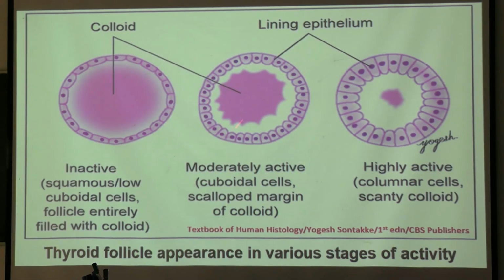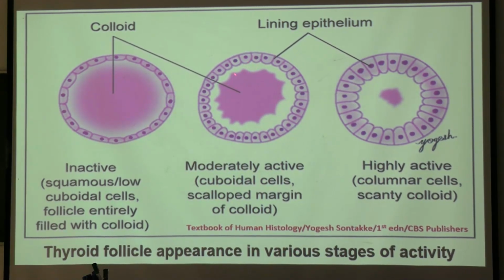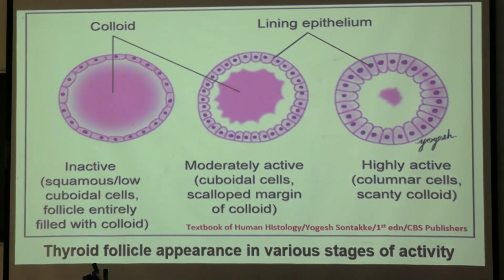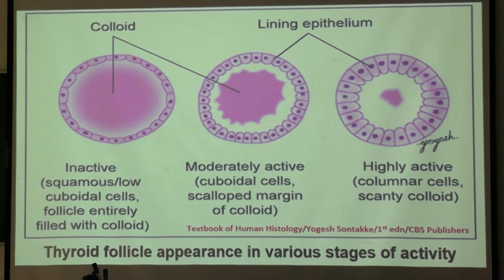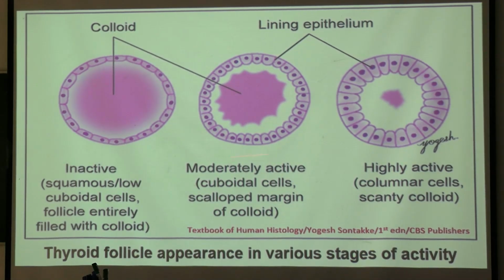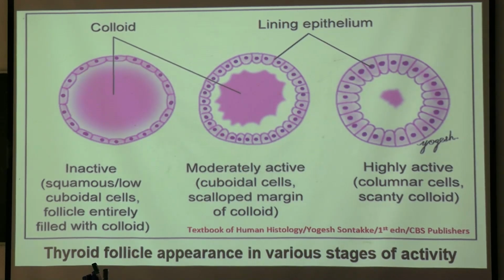Okay, and this appearance is known as the scalloping margin of the colloid. Okay, so these are the different thyroid follicle appearances in various stages of activity: inactive, moderately active, highly active. You practice a schematic diagram for this. Okay, this is important for your theory.